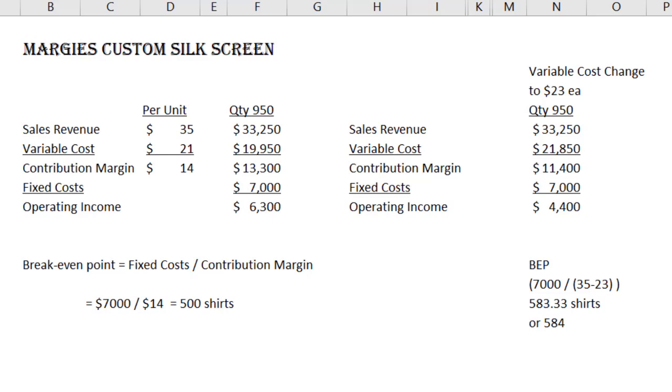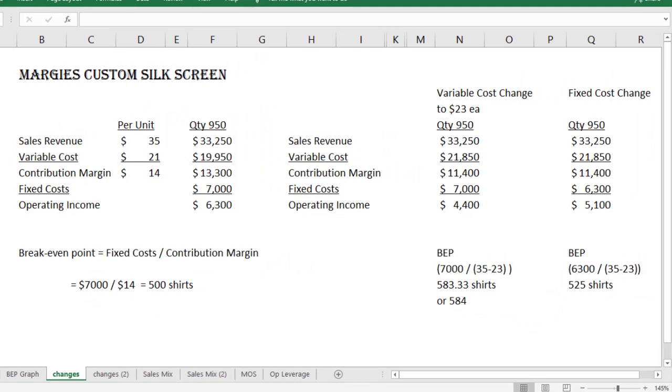Now Margie's a little concerned about this, and so she decides that she might want to find some other areas to cut cost, because having her variable costs go up, she wants to try to maintain the same level of profit that she had before. So she looks around and says, well, I can get my fixed cost down if I renegotiate my rent. So she renegotiates her rent, and she gets it down by $700.